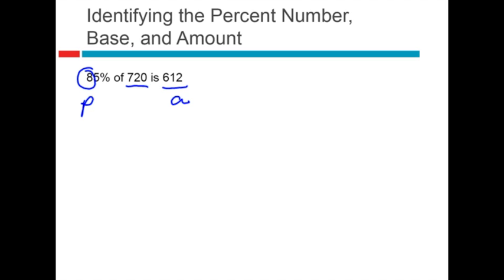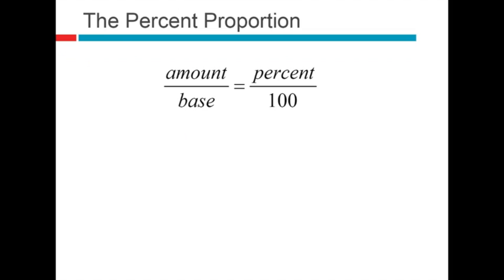The number with of, 720, that's called the base. So we have the percent number, the base number, and the amount. Once we identify those, then we can use a proportion to help us solve a percent problem.